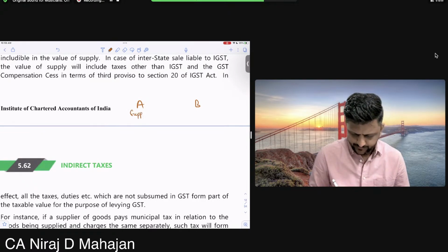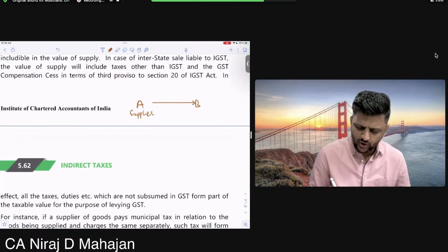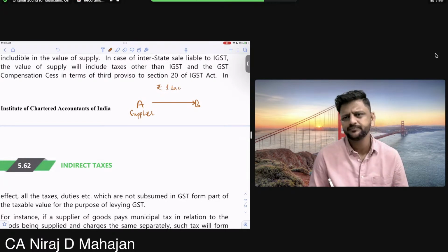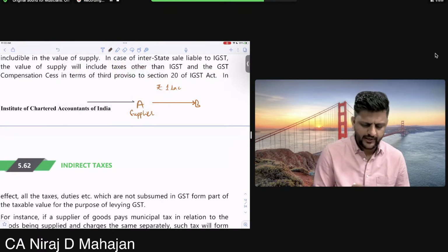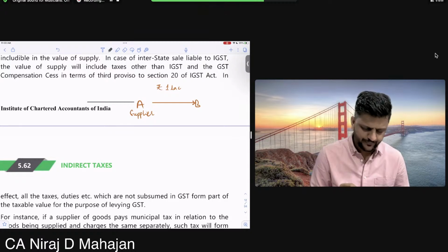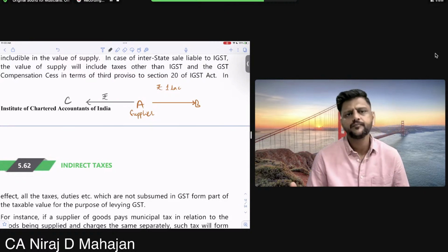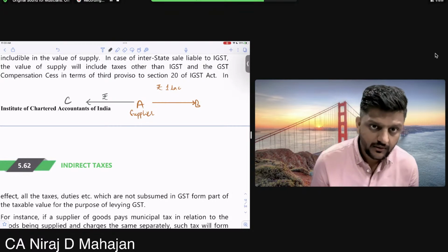A is the supplier. And the agreement is, let us say, 1 lakh rupees. And let us say A is supposed to make some payment to some third party, let us say C. Are you getting my point, everybody?